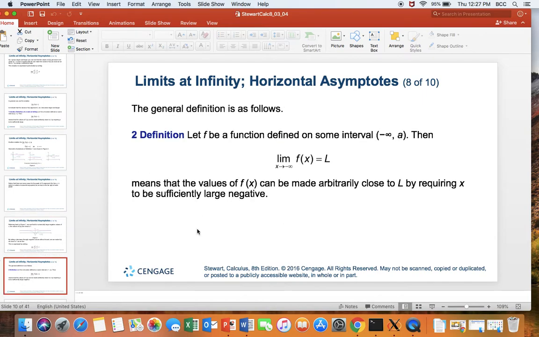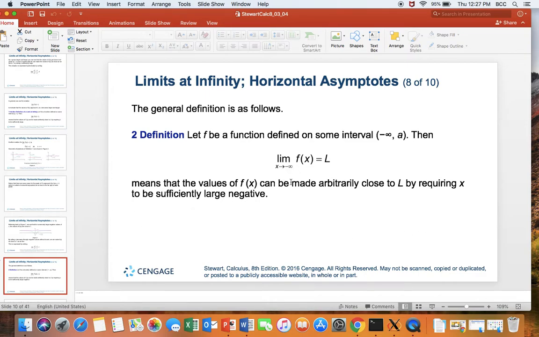All right. So the general definition is as follows. Let f be a function defined on some interval (negative infinity, a). Then limit as x approaching negative infinity of f(x) is L. That means the values of f(x) can be made arbitrarily close to L by requiring x to be sufficiently large negative.